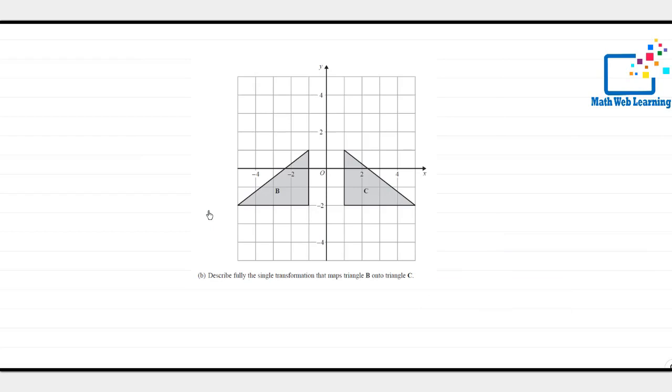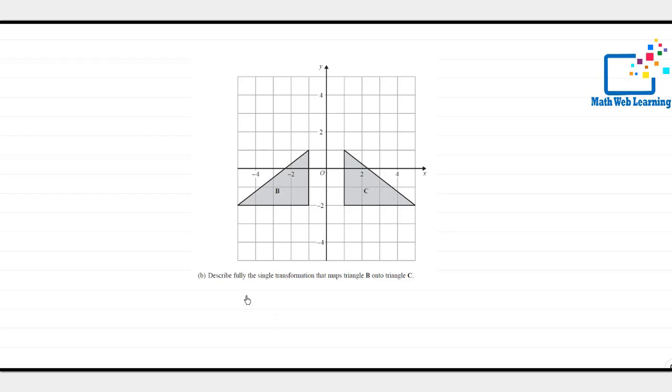Sorry, it's not question 14, it's question 13b. It says describe fully the single transformation, it is one transformation only, that maps B onto C. You can see clearly it is a reflection. This is an image of this one. So it is a reflection.